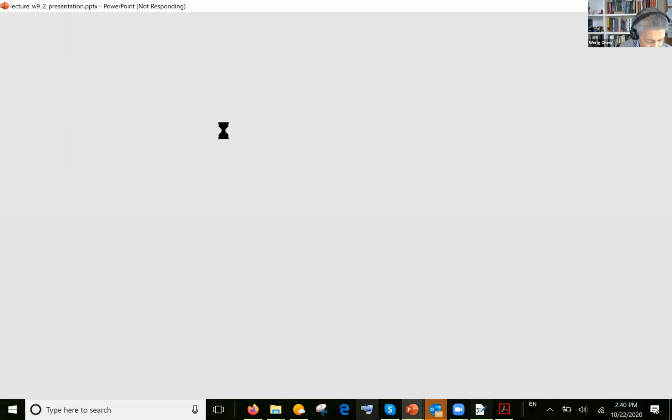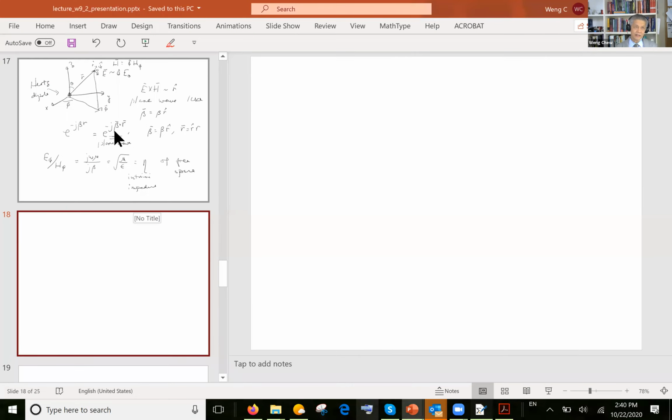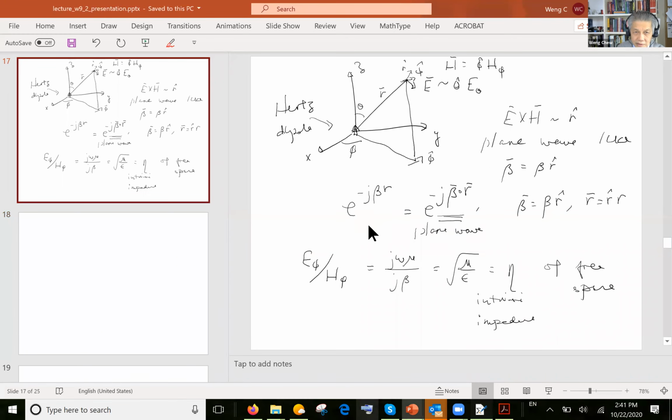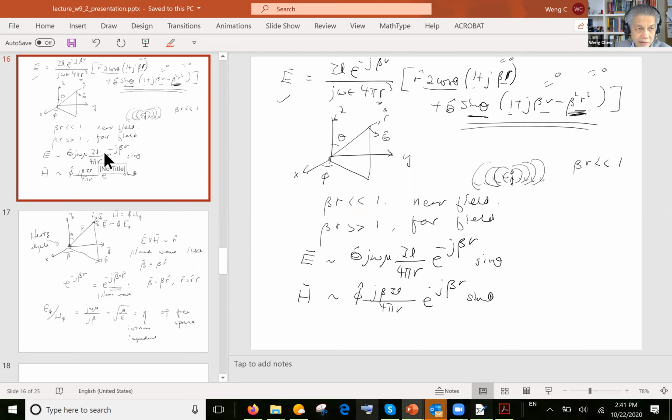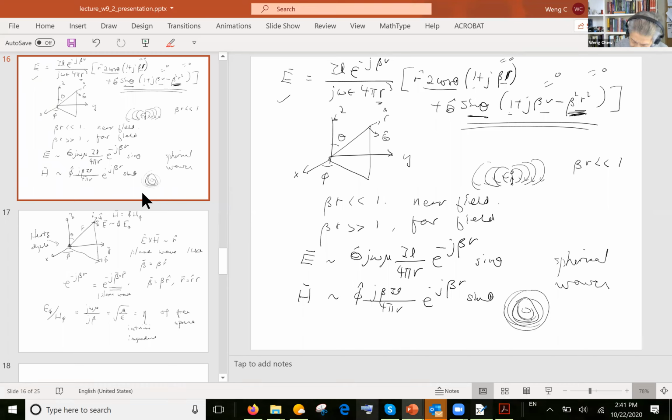What I'm trying to say is that in the far field, this is called a spherical wave. It very much looks like a plane wave in the far field. These are called spherical waves, e to the j beta r over r, because if you think of the phase front, they actually emanate like a sphere outward.